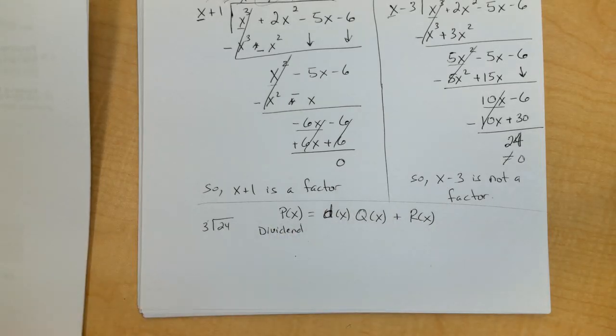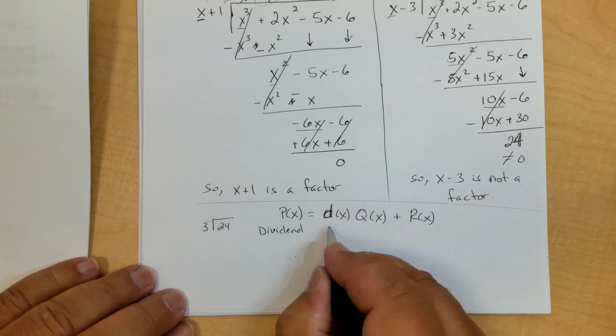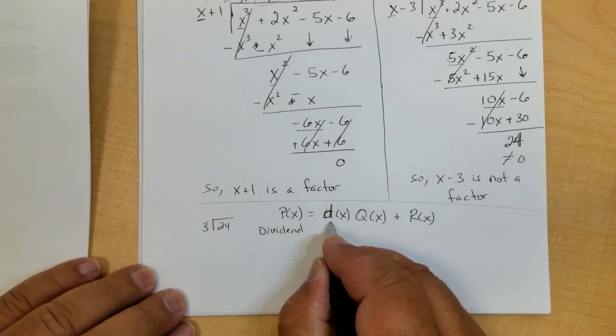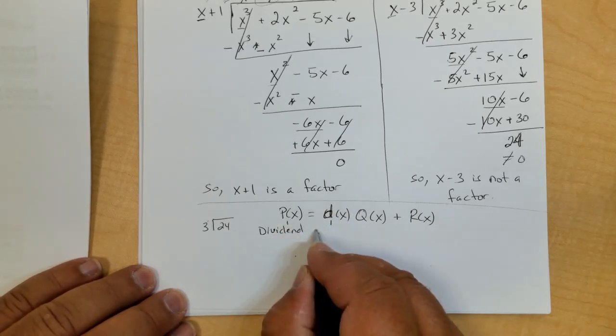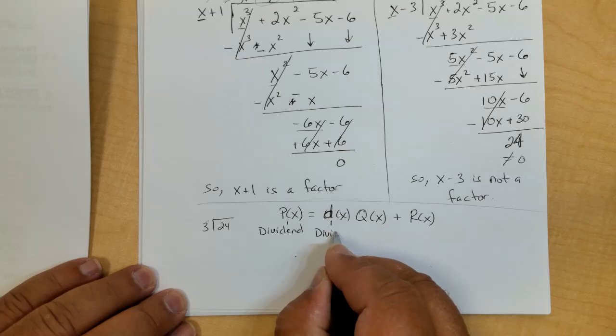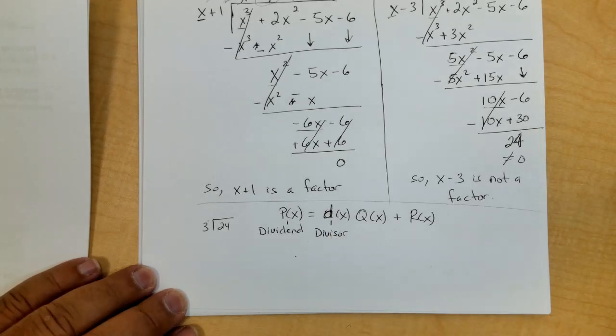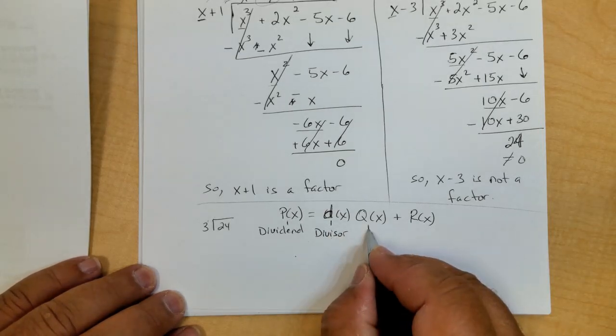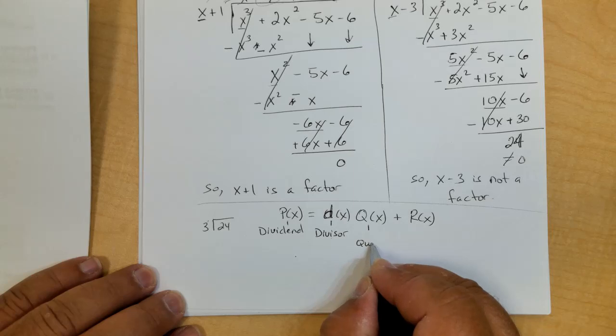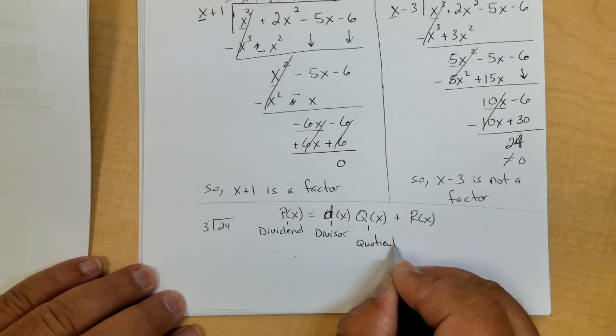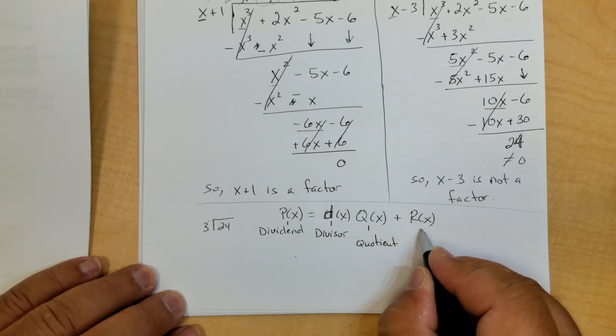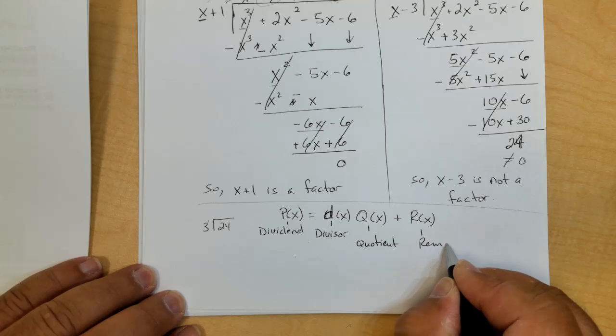P is called the dividend. D is called the divisor. Q is called the quotient. And R is called the remainder.